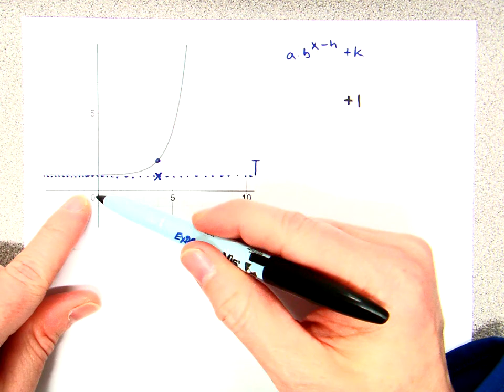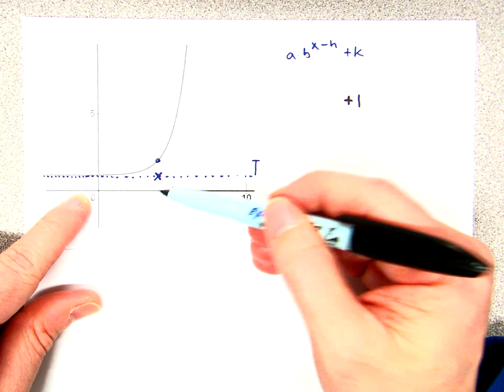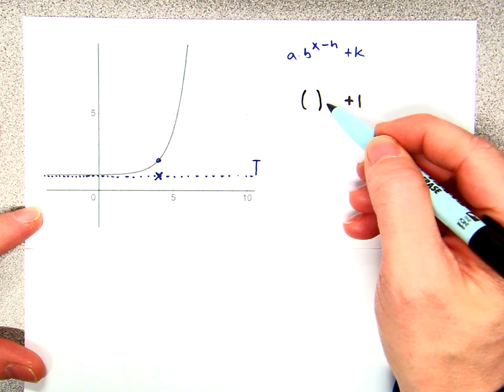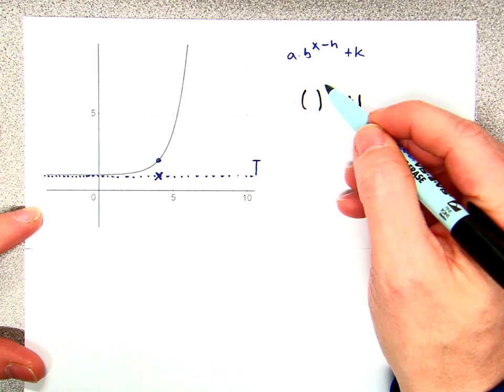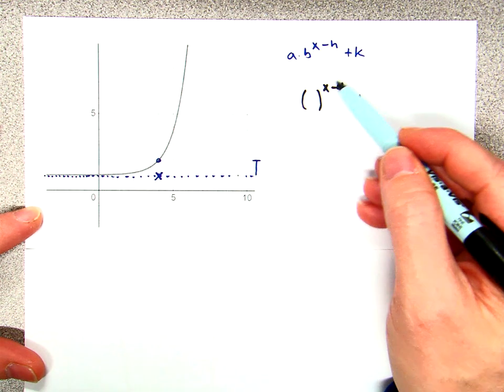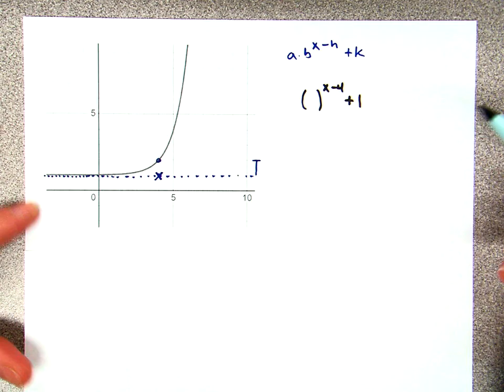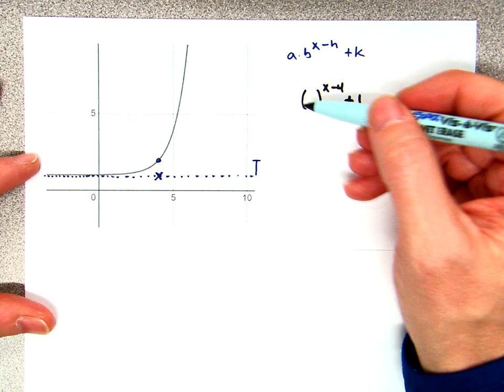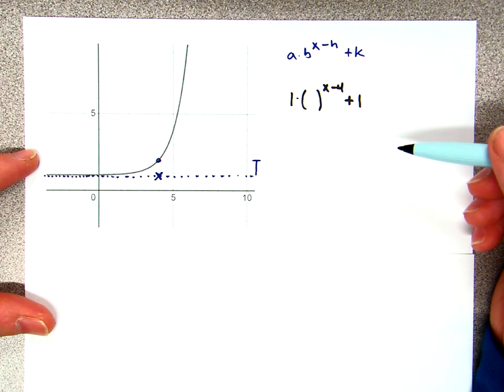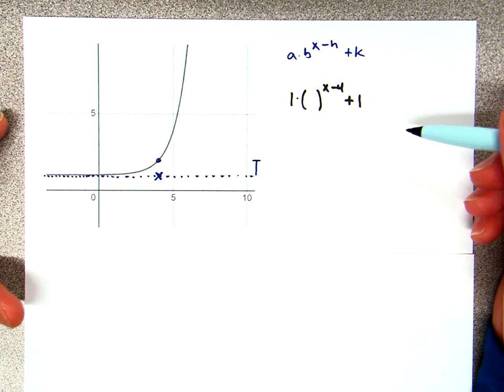But now we can see that it's shifted to the right 4, which means whatever b is, which I haven't determined, is going to be raised to the x minus 4, because the way we shift looks backwards from the way we write it. Okay, I'm forcing a to be 1 because I made sure that it was 1 unit above this. Now I'm going back to my main points.